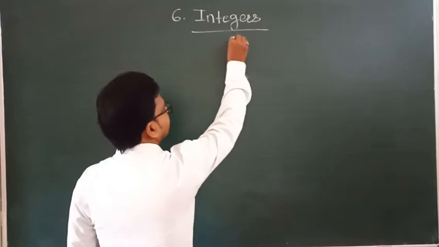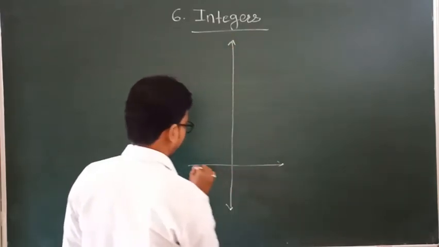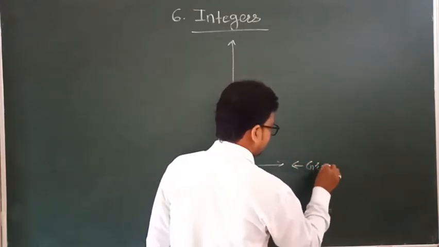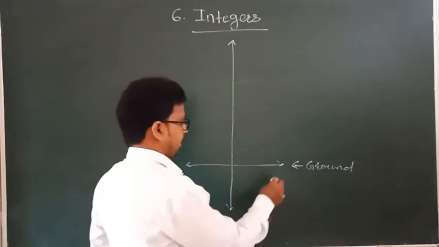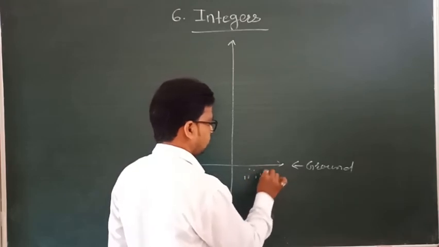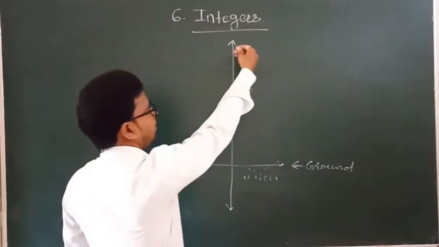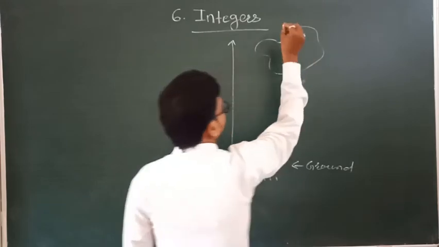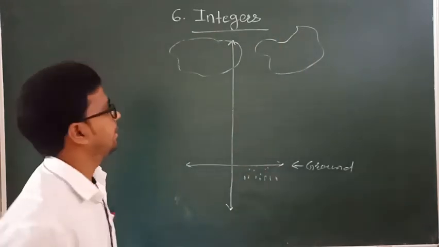Suppose I draw one number line here. This is the ground level, and this part is inside the ground, part of the earth. Above the ground there may be clouds and all.